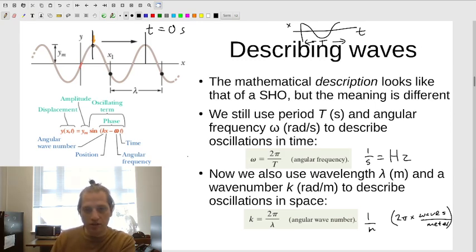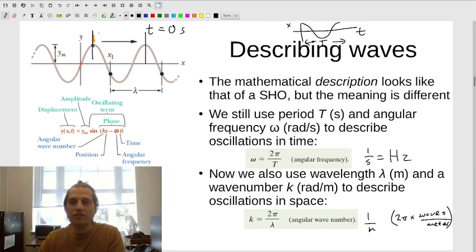Okay, so it's interesting because we have this concept of frequency, which is just the number of waves per second, but we don't usually talk about the number of waves per meter without the 2 pi, and it's just a mistake of history, I guess.